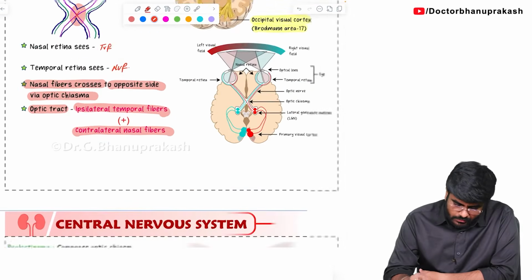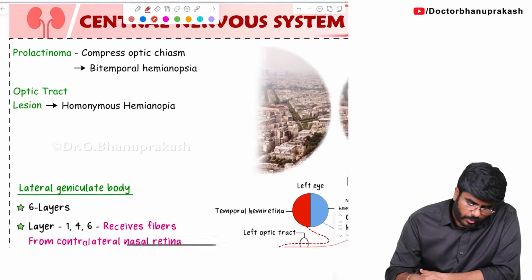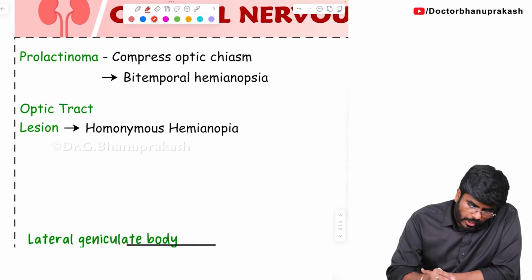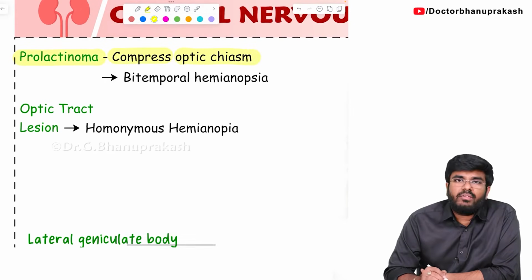Now, what is the clinical importance? In a patient with a prolactinoma, I have already taught you that it causes compression of the optic chiasm, and the temporal visual fields are lost.